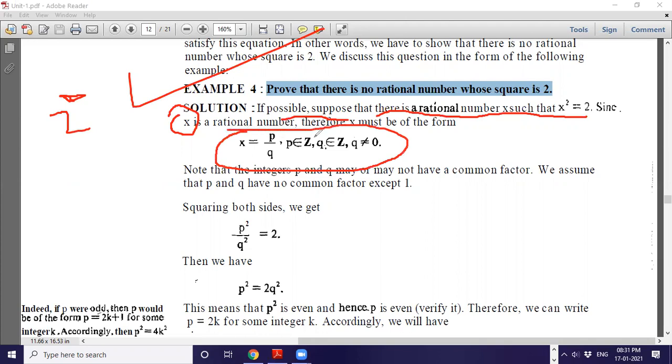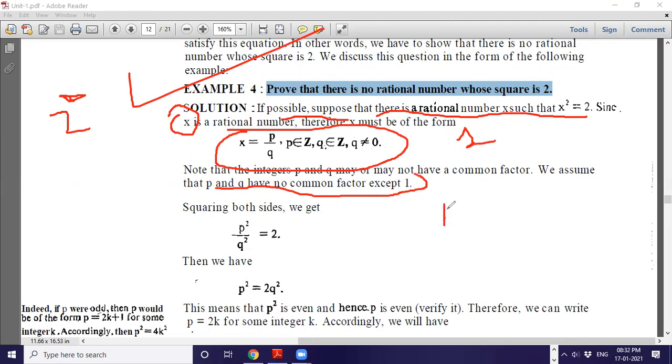Where p and q belong to Z and q is not equal to 0. Now, integers p and q may or may not have a common factor. We assume that p and q have no common factor except 1. We have assumed that p and q have no common factor, and of course 1 is common to all, so 1 is the common factor.